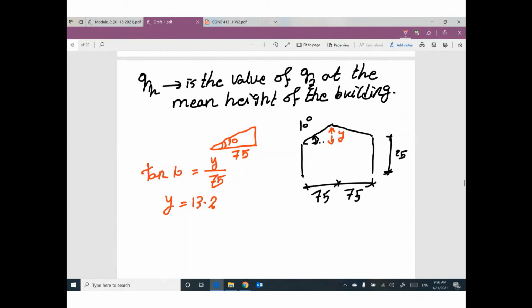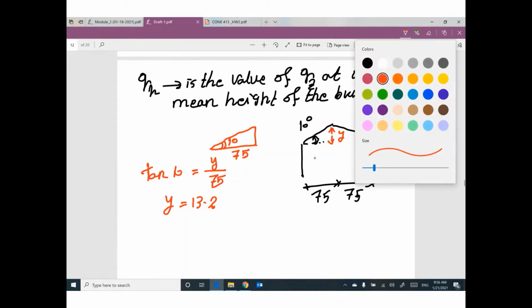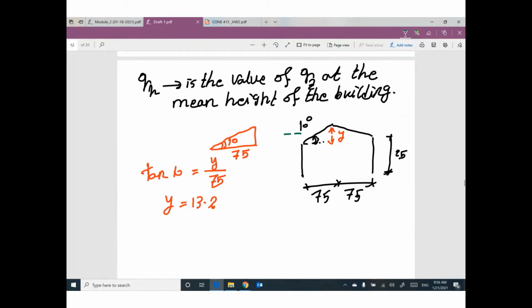So the mean height h equals this height 25 plus the height y 13.2 divided by 2, which equals 31.6.